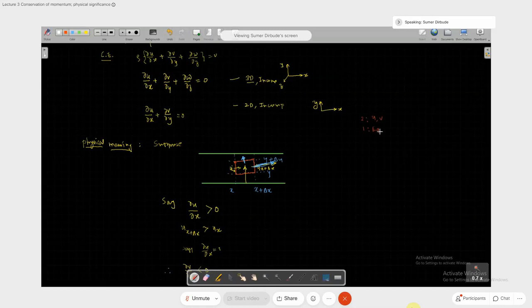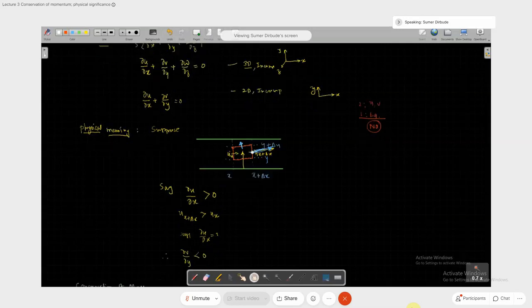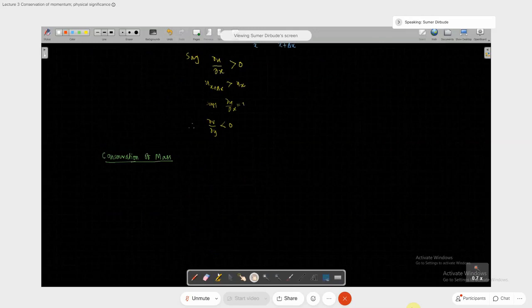Is it a solvable system? No. So in order to get the solutions for u and v, you need some more equations, and those equations are going to come through conservation of momentum, and those we are going to look at.